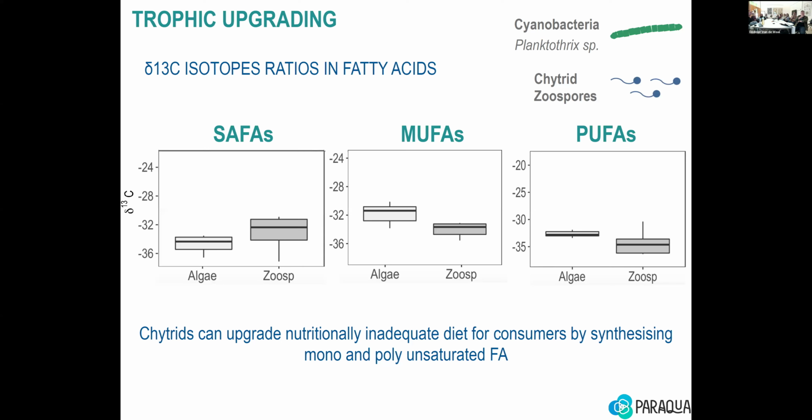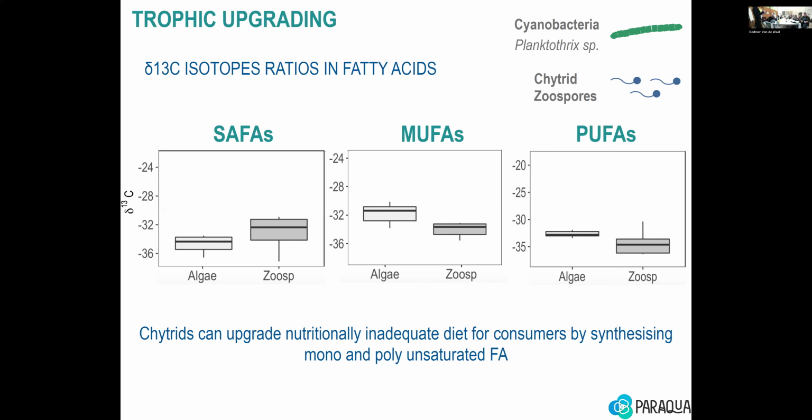There is no energy involved. There is no metabolic pathway involved. For the monounsaturated and the polyunsaturated, we see that the signal is lower. So there is a depletion of C13, and we can imagine that there is some metabolic pathway involved.